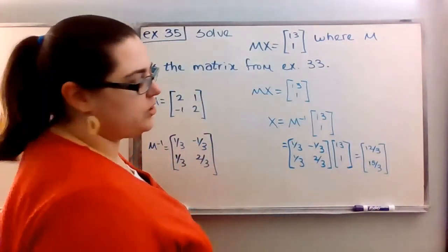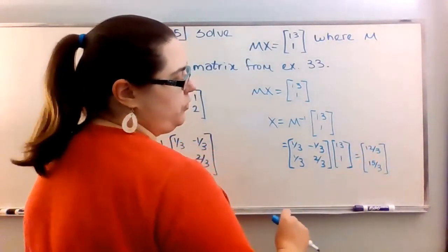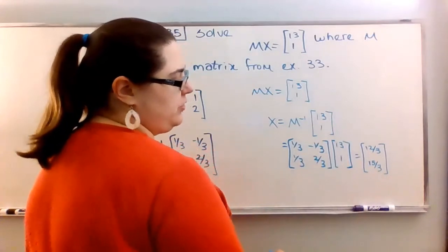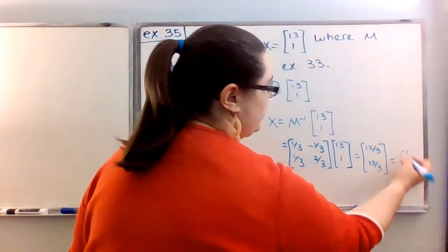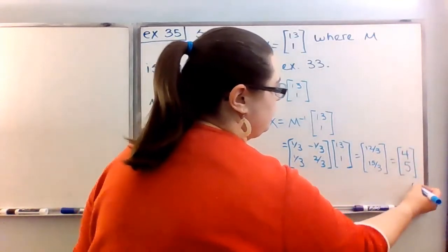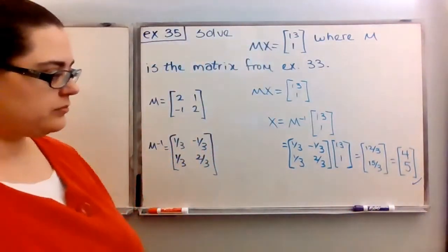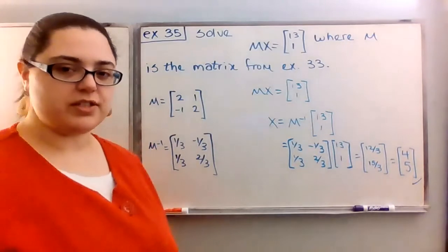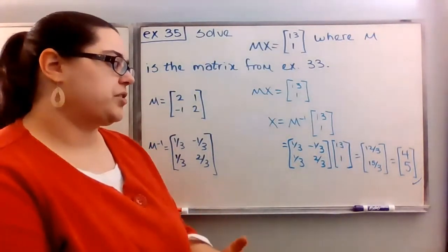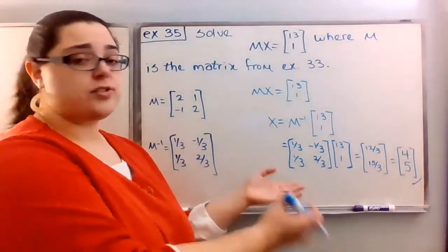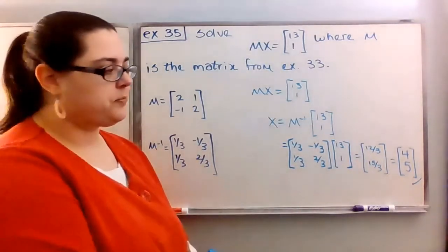Well, we can see this is going to reduce because 3 goes into 12 4 times and into 15 5 times. So this is going to give us 4, 5. There we go. That's how we solved the system. So you can see if we know a matrix's inverse, solving the system becomes much nicer.